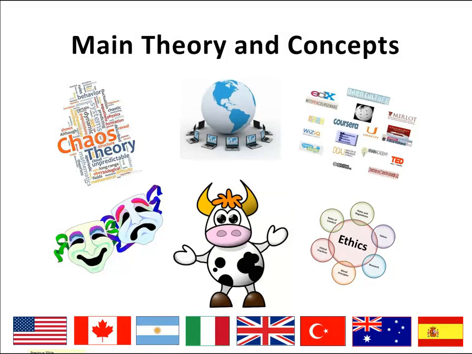Fifteen scholars from 8 different countries researched chaos theory and complexity theory, ethics in online education, technical aspects, designs of learning environment related to the roles of educators and learners in creating learning, course formats, personality and self-determination theories.